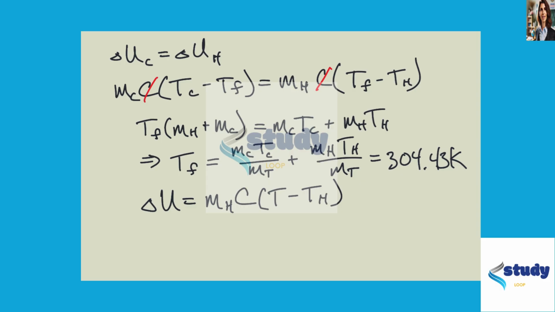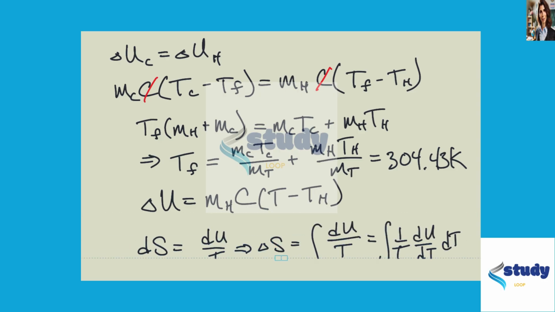So the change in internal energy of the hot water is the mass of the hot water times the heat capacity of the hot water times the temperature that it's at minus the temperature it was initially. And we can then write our entropy statement in differential form.